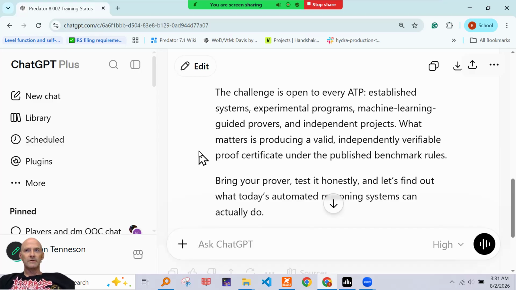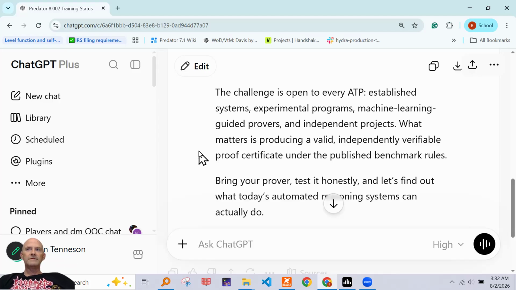The challenge is open to every ATP, so we don't care. You could have machine learning. It doesn't matter. Ours is going to be machine learning, but it doesn't matter if yours does or does not use machine learning. We have a reason why we're inviting everyone to participate. We want to see the distribution of not how good is your ATP, but how hard is this problem.